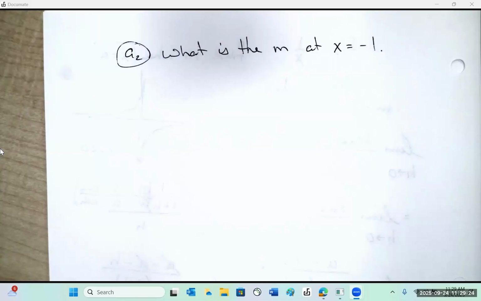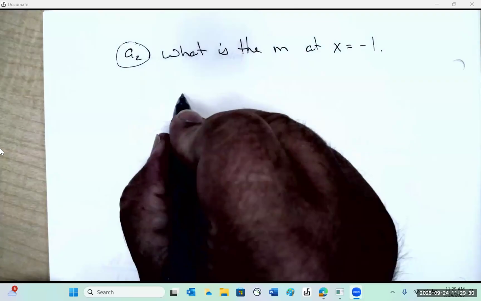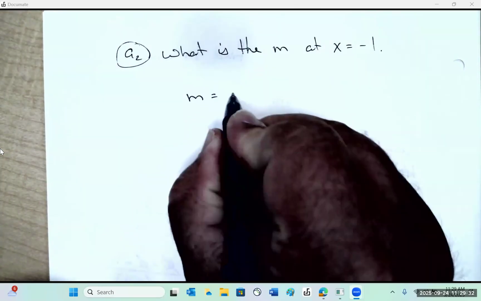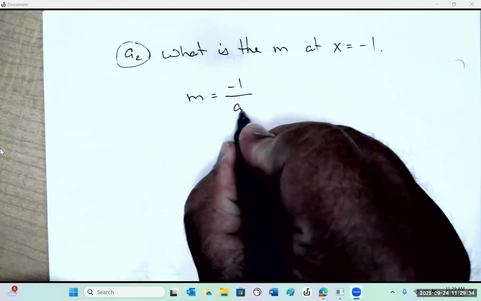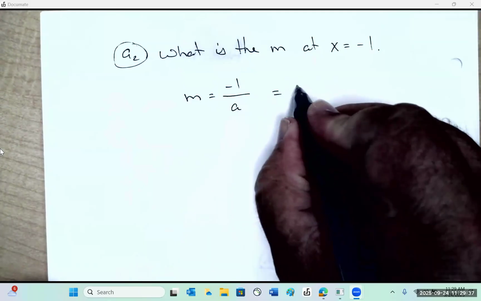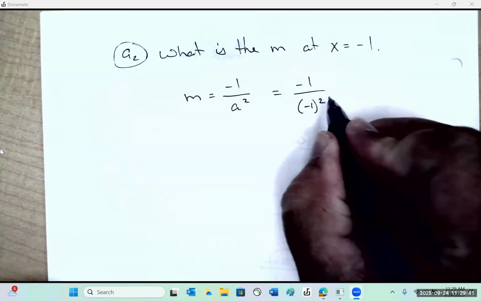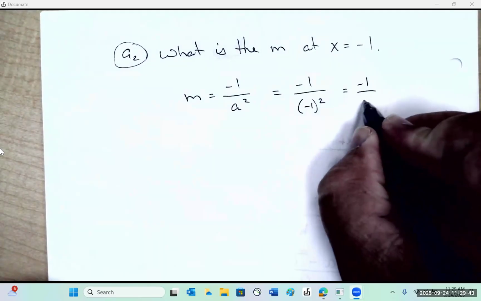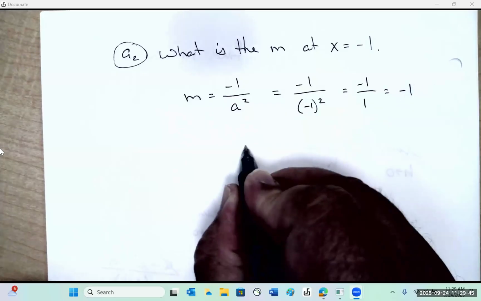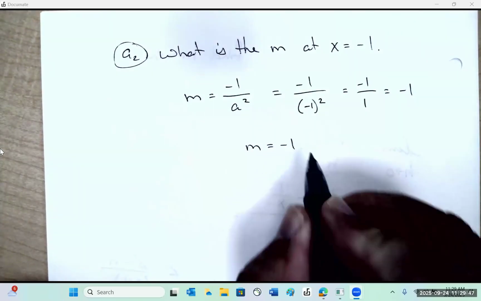Any guesses? -1 where a is. So the slope is -1.